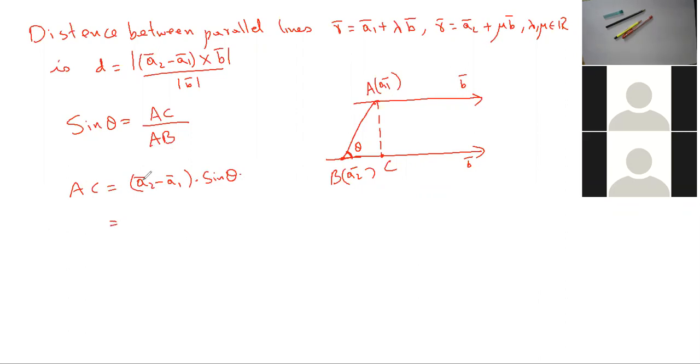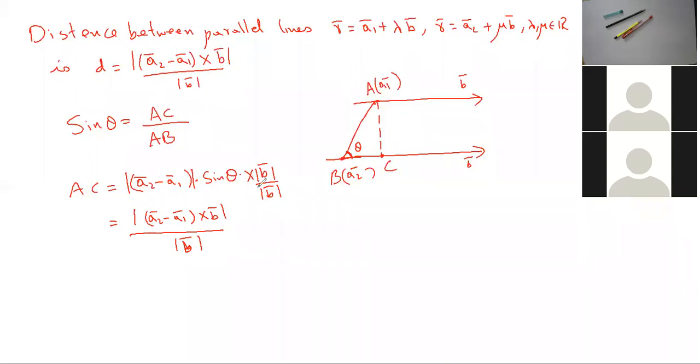What is this? The magnitude of A2 minus A1, basically. Again, here you multiply and divide with mod B bar. Then isn't it the modulus of A2 minus A1 cross B bar by mod B bar? And that's the answer.